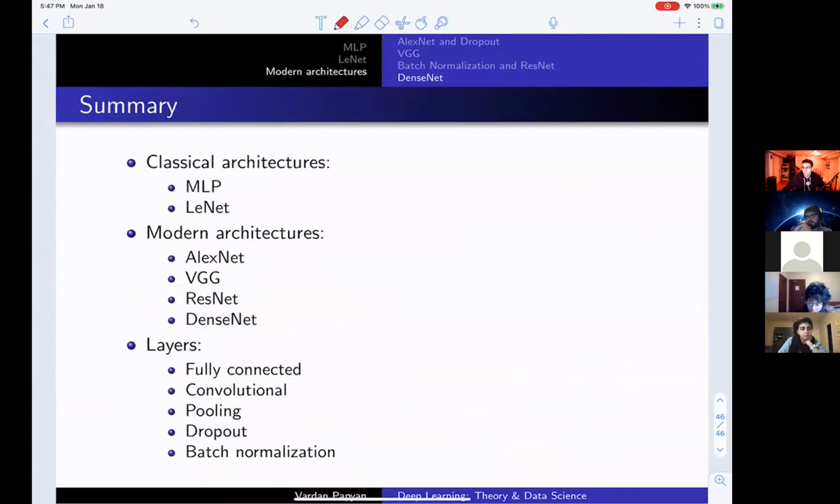Are there any other modern architectures that you think are interesting? I guess there are many architectures that I think are interesting, but the goal of this course is to discuss interesting phenomena in deep networks, right?